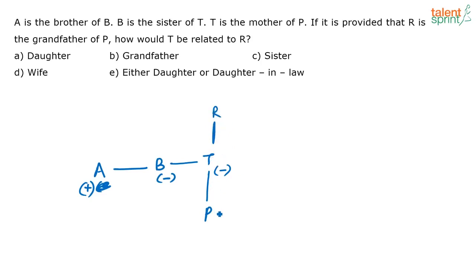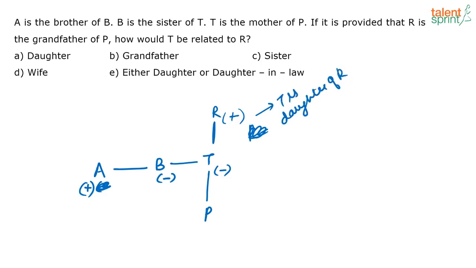In that case R is the maternal grandfather. Grandfather means plus. So either R is the father of T. In that case I can say R is the maternal grandfather of P. And the question is, how is T related to R? In this case I can say that T is the daughter of R.